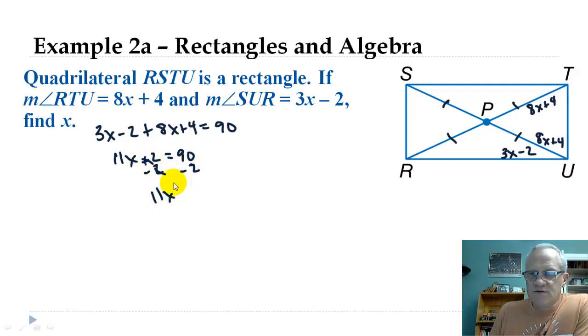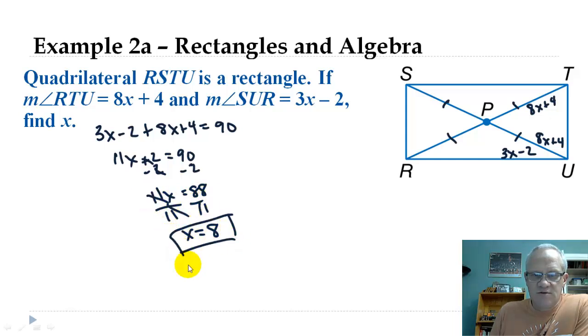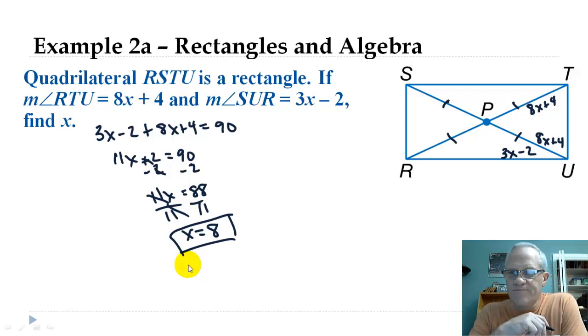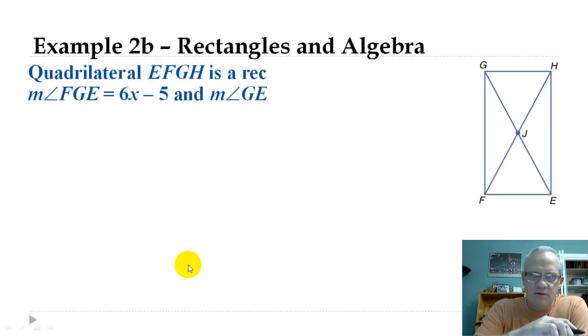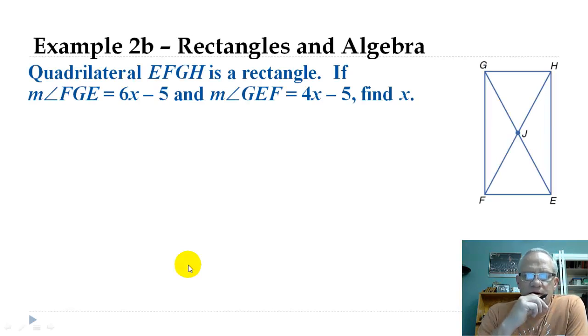So 11x equals 88. Divide by 11. And it looks like x is 8. Okay? Good. Feel okay with that? Excellent.